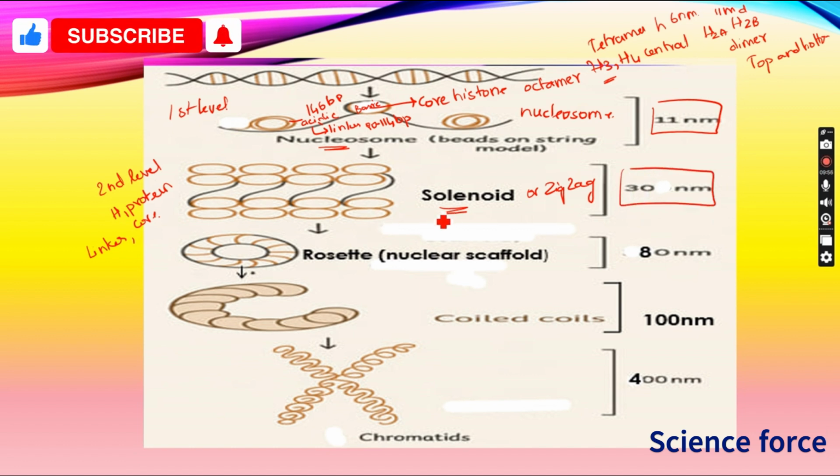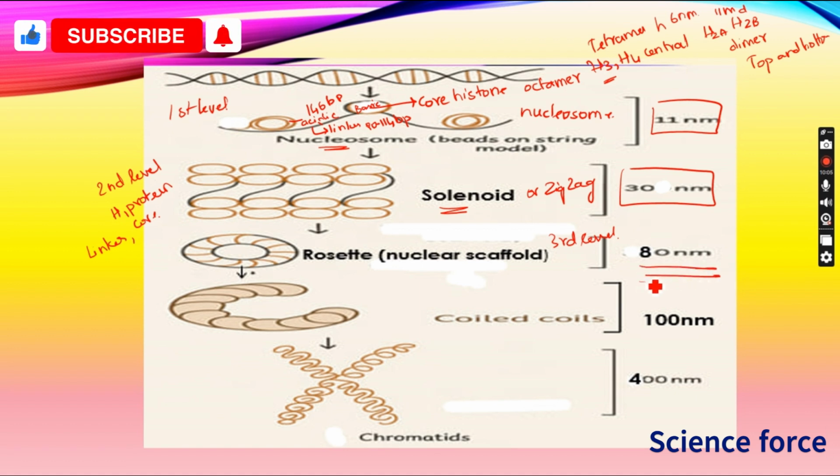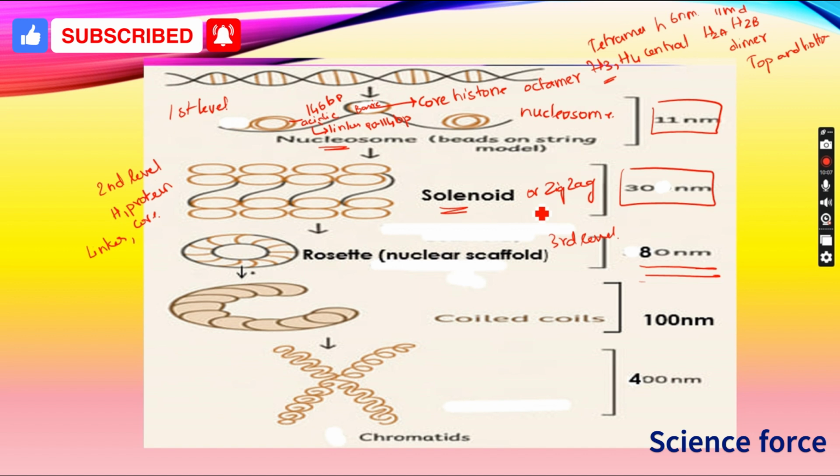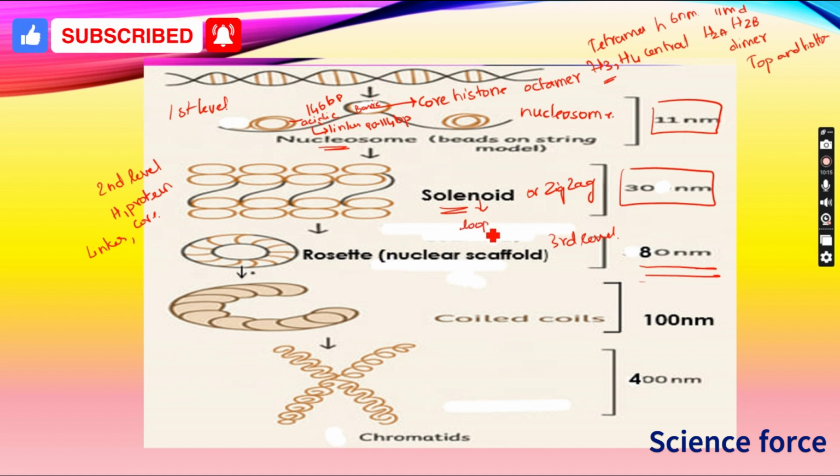Then the solenoid is further compacted into a rosette, which is the third level of organization. To compact it into a rosette, it is compacted to 80 nm. So between the solenoid and the third level of organization, the rosette, there is a formation of loops.